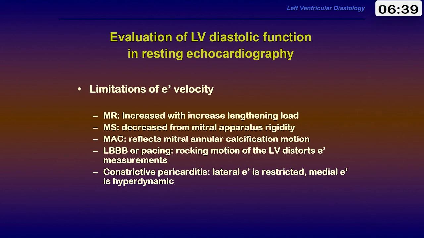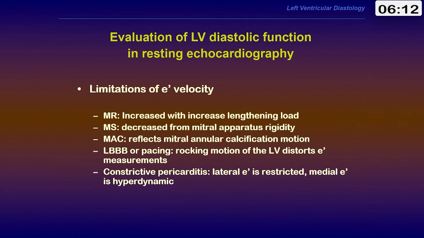Sometimes the E prime velocity, which is the tissue velocity, is affected, and these are not rare patients. If you have patients with mitral regurgitation, this will increase the preload. Mitral stenosis, especially with mitral annular calcification, of course impairs the E velocity. If you have left bundle branch block or a paced patient, the rocking motion of the left ventricle distorts the E prime velocity.